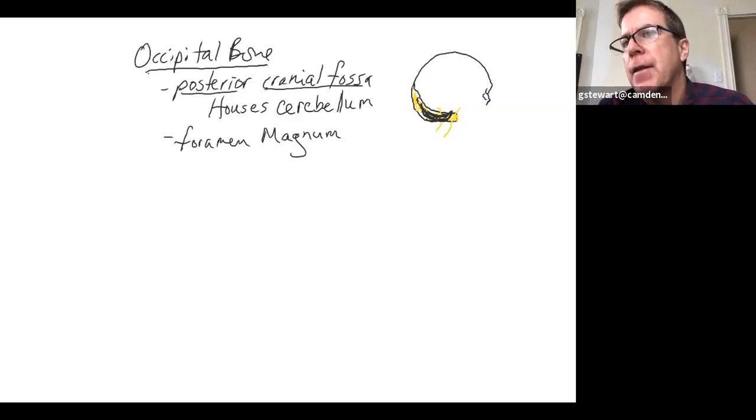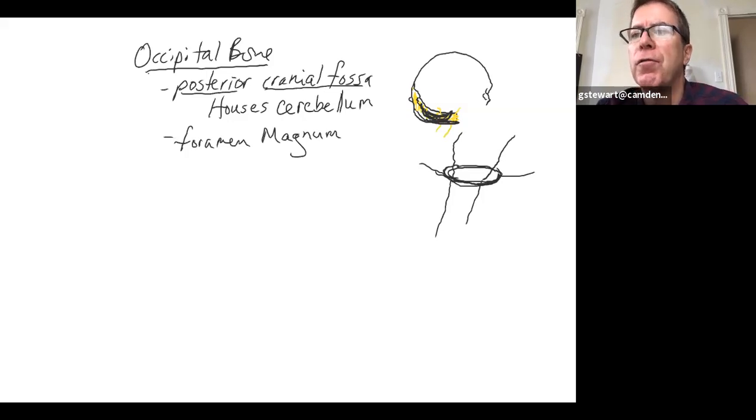That on the floor of this occipital bone is a really large hole like this, where the lowest structure of the brain stem meets the spinal cord and penetrates through this hole like this. So if you were to look at the underside of a skull, one of the first things you would notice is this giant hole for the spinal cord to emanate from the skull.